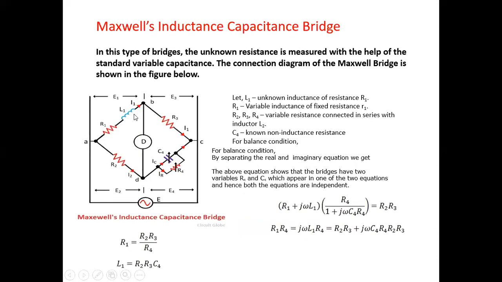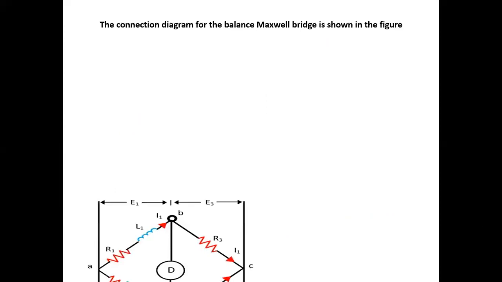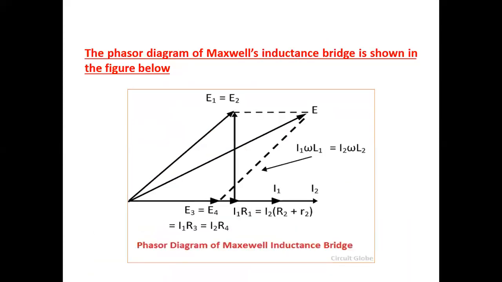R1 and L1 are connected in series. Therefore, the voltage of R1 is in phase with the current, and the voltage of L1 leads I1 by 90 degrees.